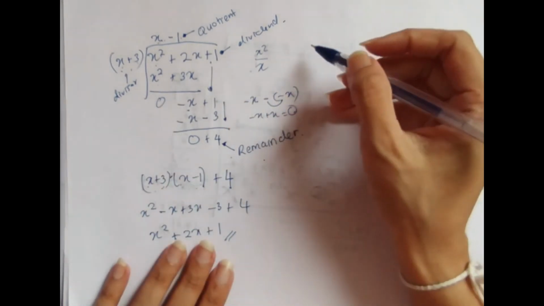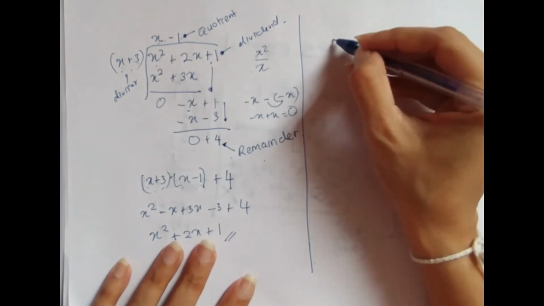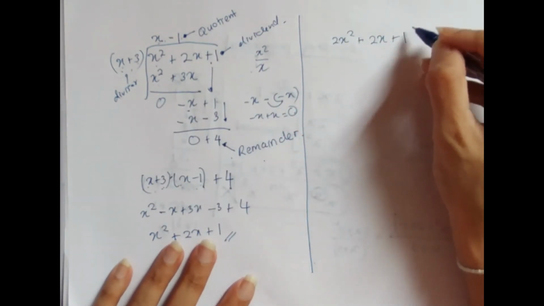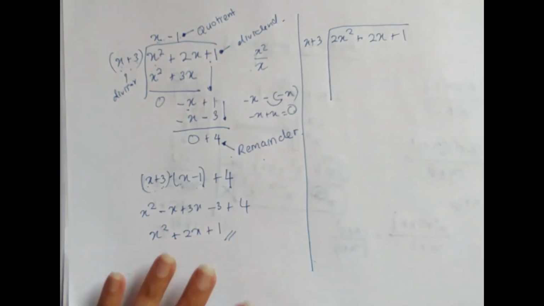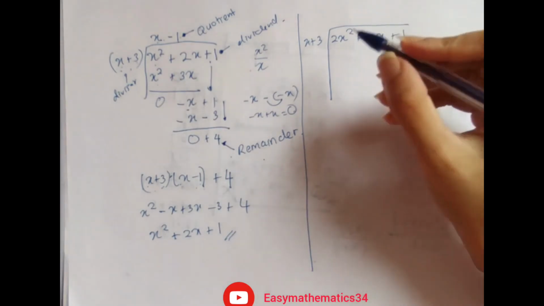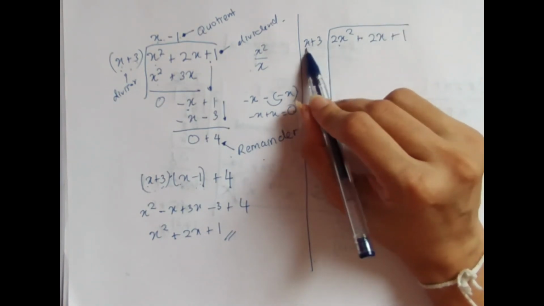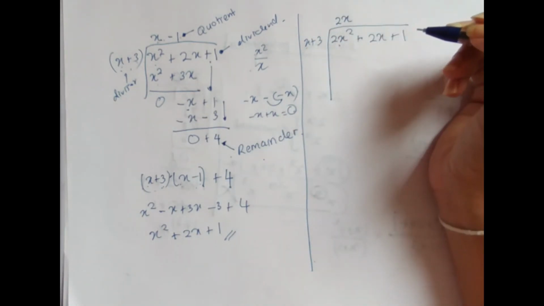Now I'll explain one more example: 2x squared plus 2x plus 1 divided by x plus 3. Here I have to divide 2x squared by x, which gives 2x.